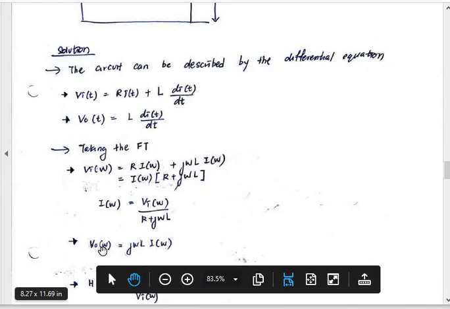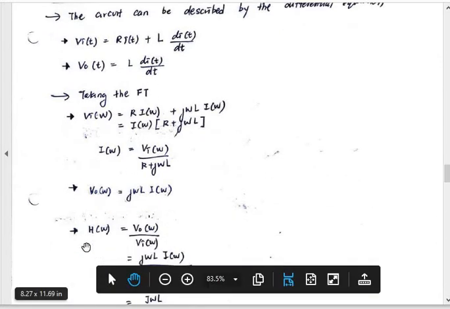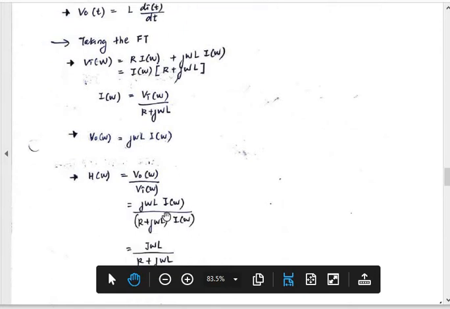So V out(omega), taking the Fourier transform of V out(t), you get j omega L I(omega). The system response is V out over V in.